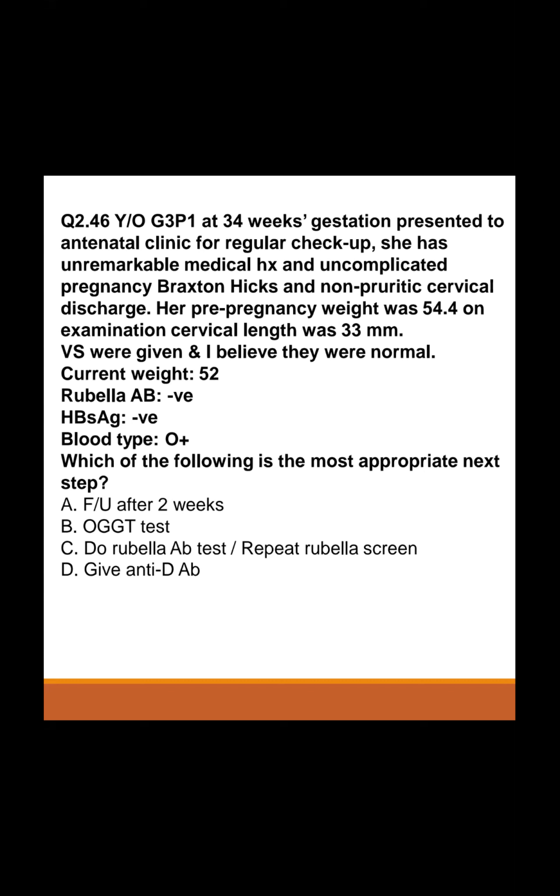Why A? OGTT is not needed because there is no history of diabetes, and rubella is negative, so no need for rubella testing again. Anti-D is not needed because blood type is O positive. So the remaining is option A. I chose option A by the excluding method. Excellent, right?